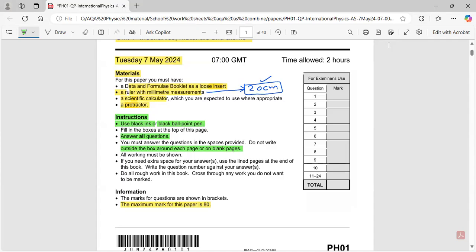So you're not supposed to write on that. Then the lined pages are for your extra space. If you want extra space, the lined pages at the end of the document are given, and you have to write the question number and the part number over there, and then you can continue your work. You also have to do all the rough work over there. So this is very important to follow.